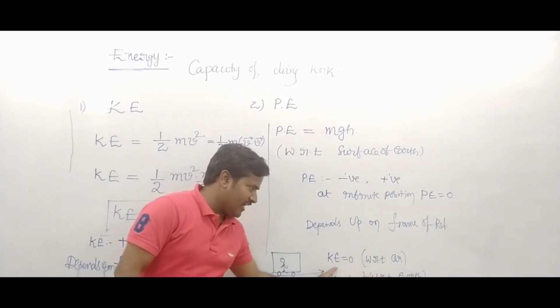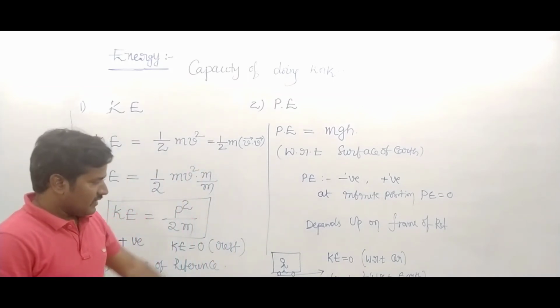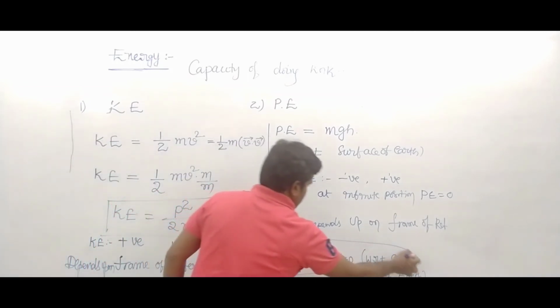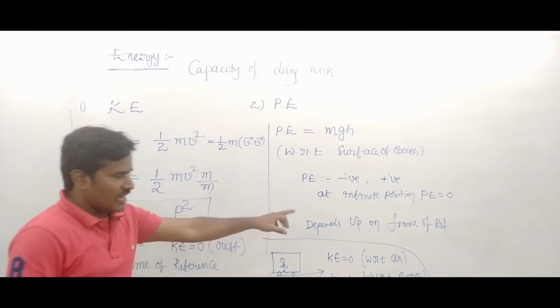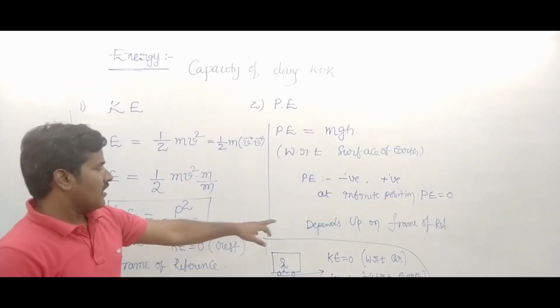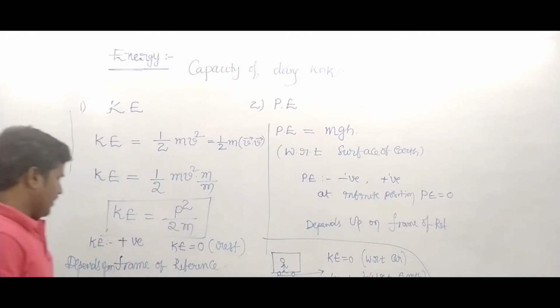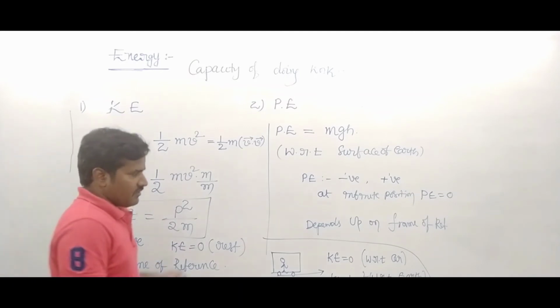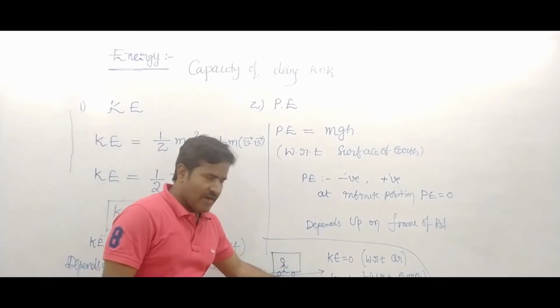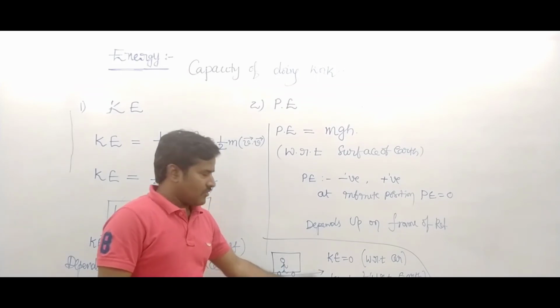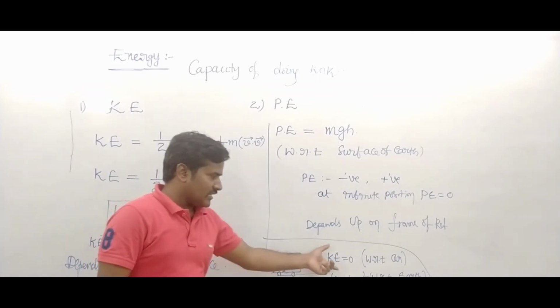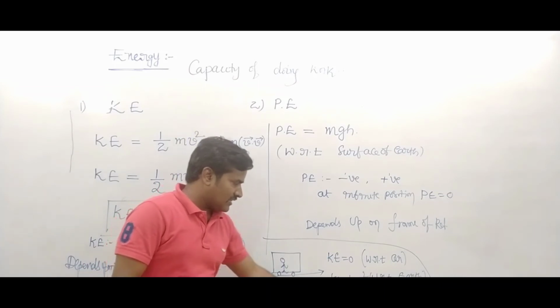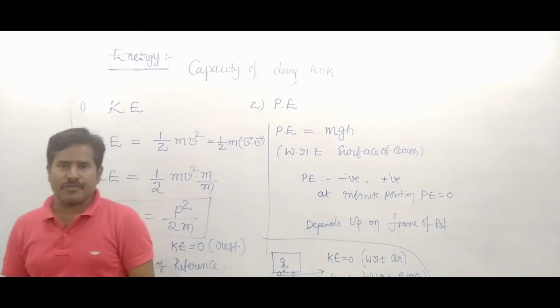With respect to the vehicle, that value is 0. That means kinetic energy or potential energy both depend upon frame of reference. So if the frame of reference changes, then the values change. With respect to the vehicle, kinetic energy is 0. With respect to earth, kinetic energy is half mv square.